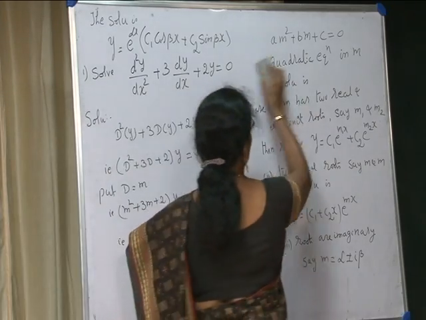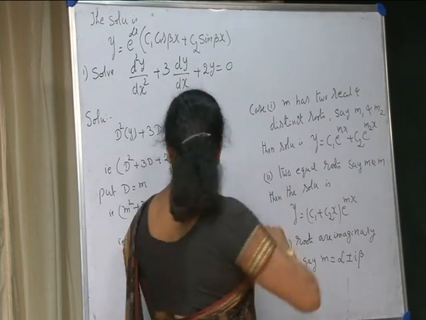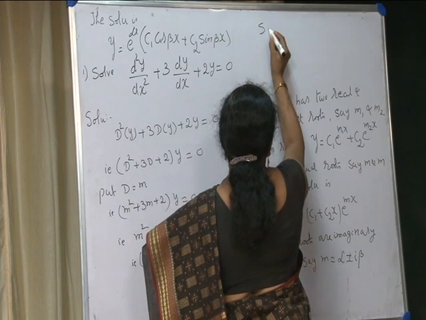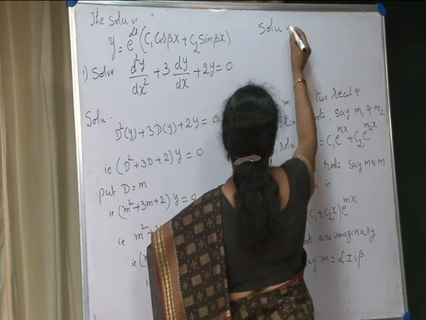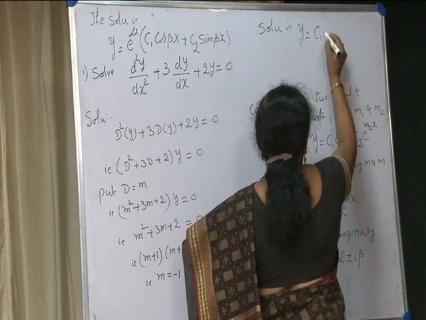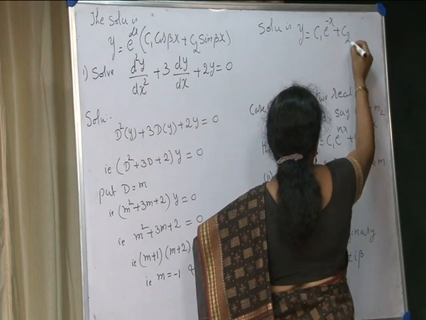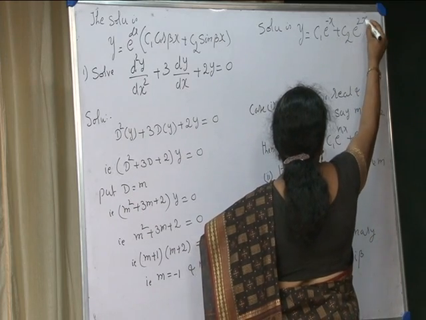The solution is y is equal to c1 e to the power of minus x plus c2 e to the power of minus 2x.